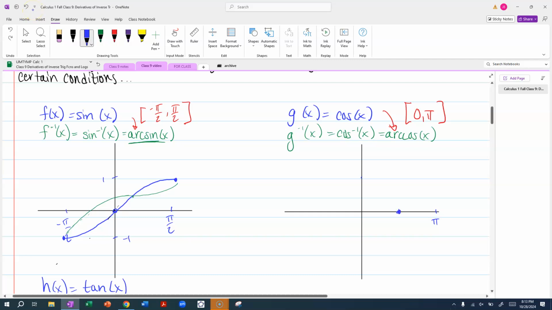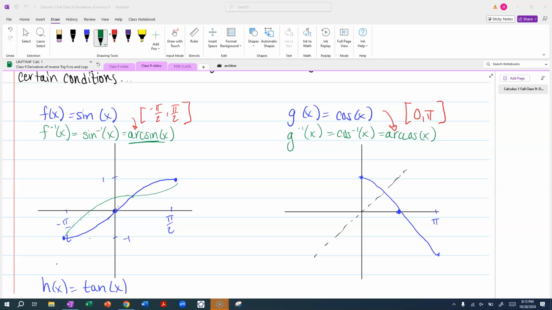We begin at something like 1, 0, and then at pi, it would be down at minus 1. So we do something a little bit more gradual like that. And so our inverse function, again, reflecting over the line y equals x, and again I'm doing a very rough sketch, we would get something that looks kind of like that for arc cosine.